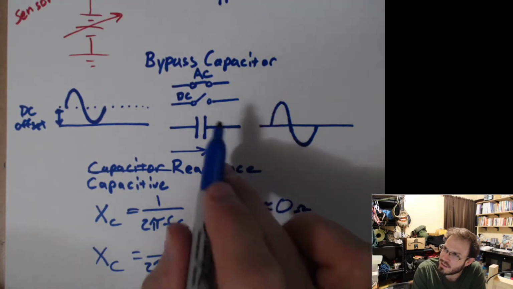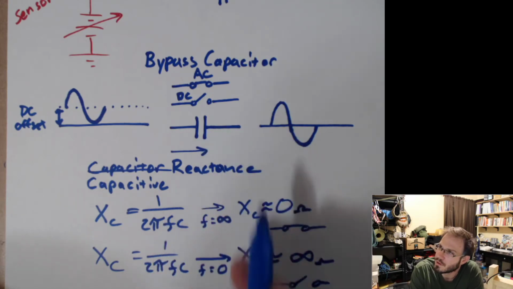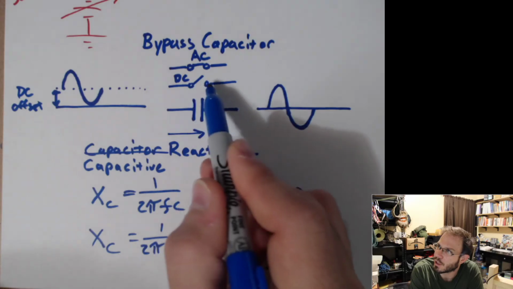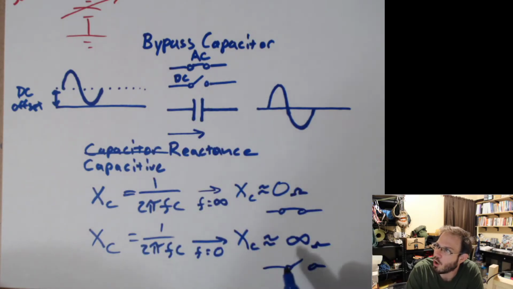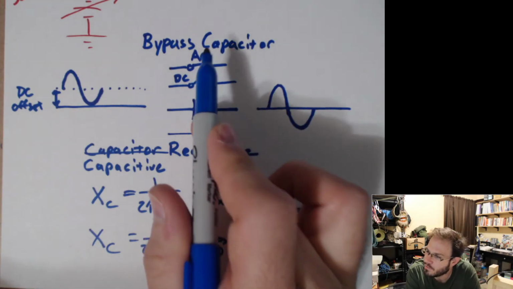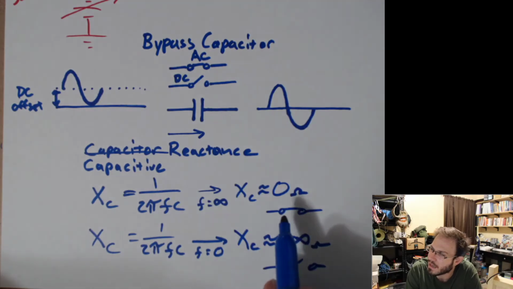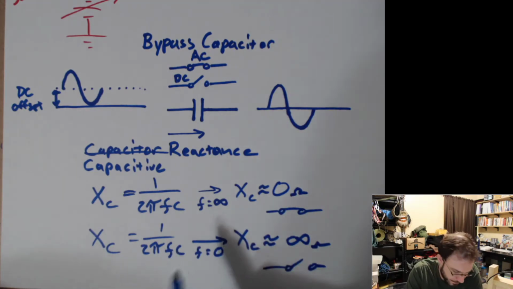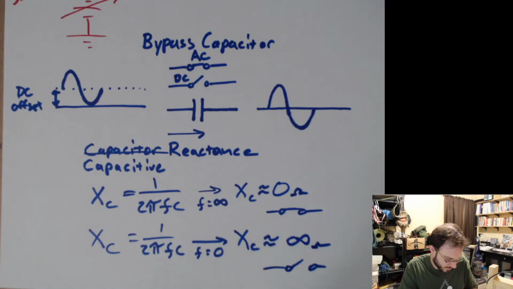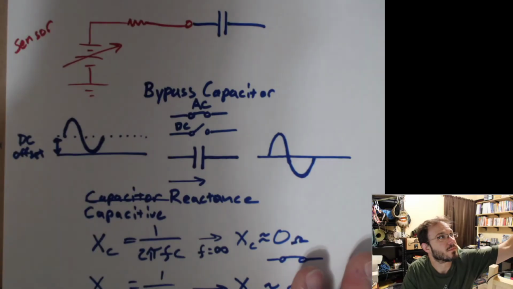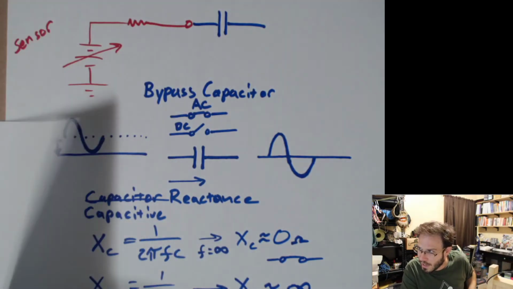So this capacitor will not allow the DC to go through. In other words, it'll behave like an open switch here. But for AC of sufficiently high frequency, this capacitor is going to behave like a closed switch and allow the AC to go through. That's the correct answer.